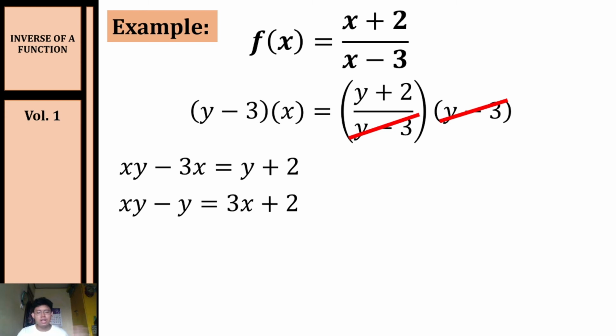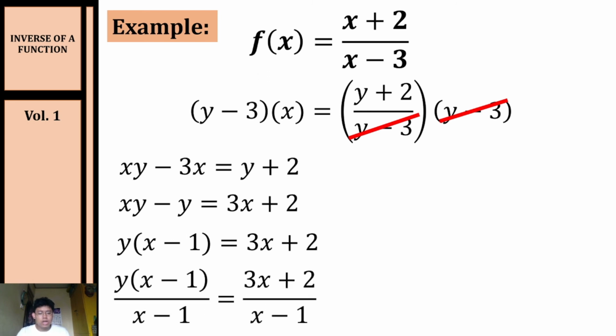Now that we isolated all the terms with variable y, let's apply factoring. Let's factor out the variable y. So we will have y times the quantity x minus 1 is equal to 3x plus 2. Then we divide both sides by x minus 1. So we can cancel the factor x minus 1.